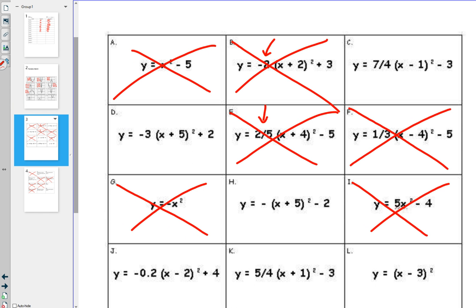J, right? And that's weird. What's different about J than maybe some of the other ones we've seen? It's got a decimal. But we said for a compression, the magnitude of it, forget about the sign. The sign just means it got flipped. But the magnitude is less than 1. Well, obviously, 0.2, even though it's not a fraction, is still less than 1. So there was a compression there.